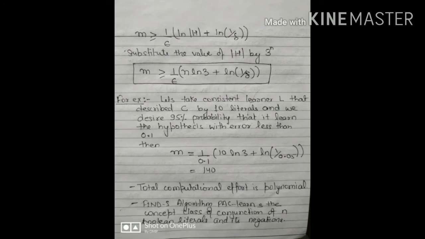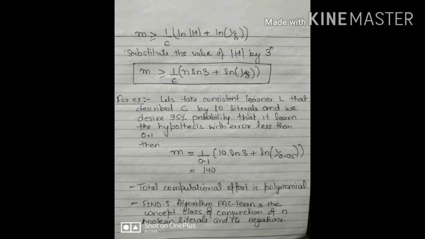Let's understand it by taking one example. Let's take a consistent learner L that describes C by 10 literals. C is the target concept class, and we desire 95% probability that it learns the hypothesis with error less than 0.1. So what is given in the question?